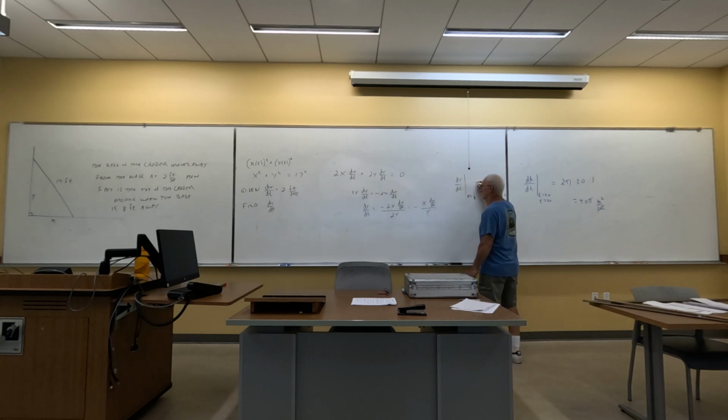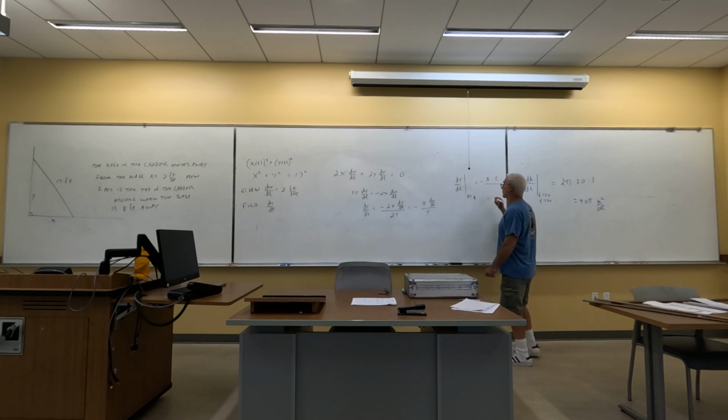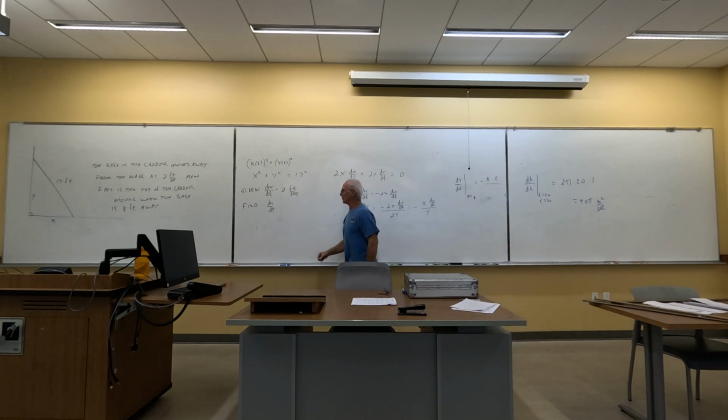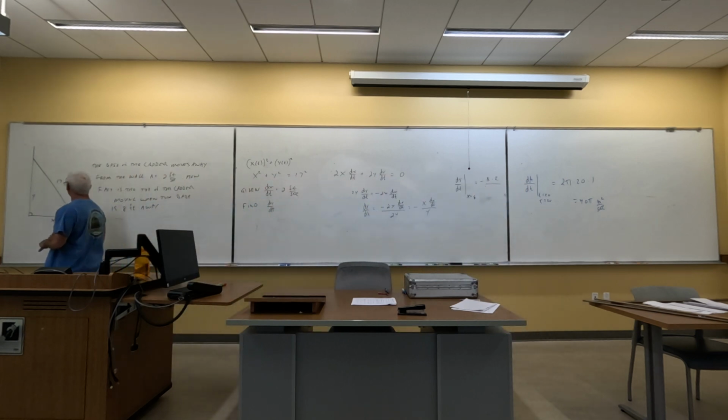Well, that's easy enough. That's going to be negative 8 times 2 over, oh, how am I supposed to figure out what y is? Wait a minute. How in the world would I ever be able to figure out y on a right triangle where x is 8 and the hypotenuse is 17? Plug in x is 8 in the original function.